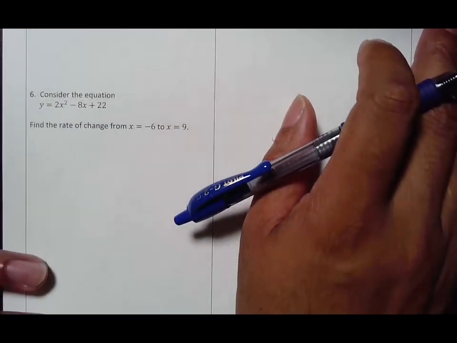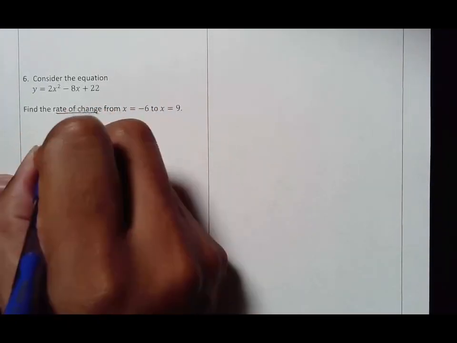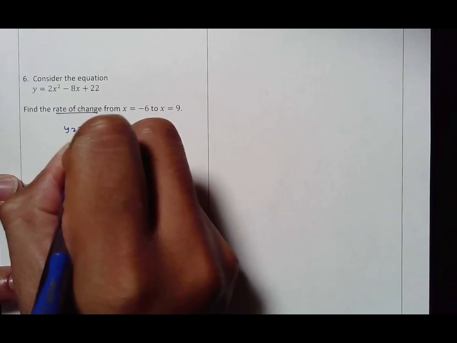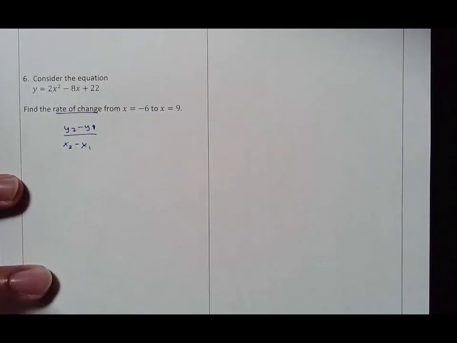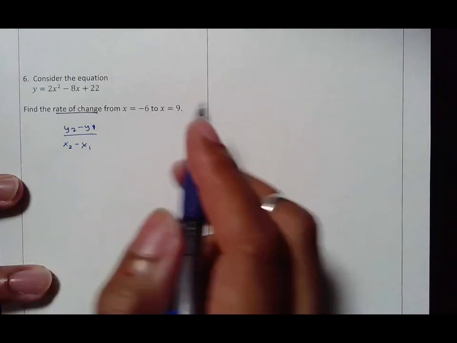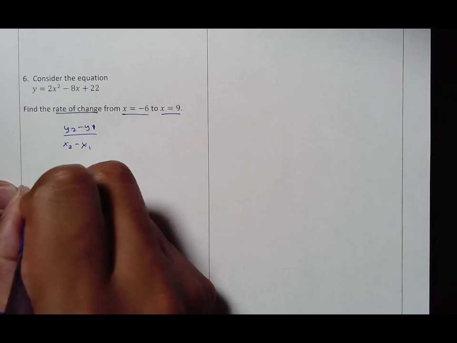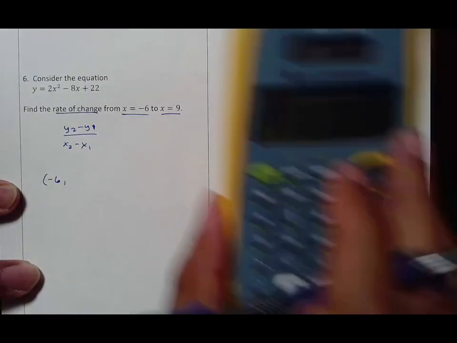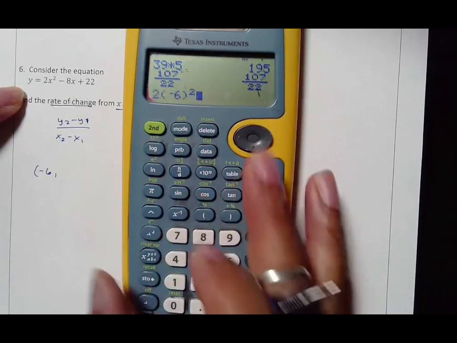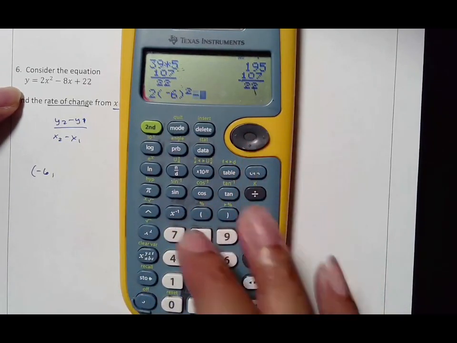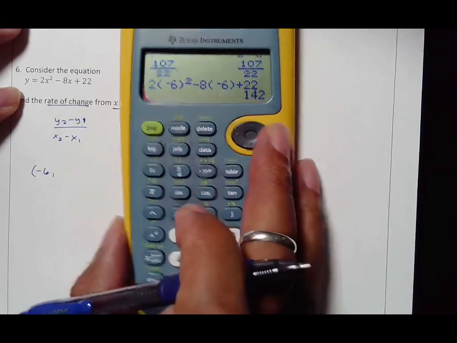Number 6 is the one that was set up to where they want the rate of change. And again, rate of change means they want y2 minus y1 over x2 minus x1. The problem is there are no y's in this. They only give you 2 x's, so that means you need to use these 2 x's to find 2 y's. And so what you will do is take your negative 6 and plug it into this formula. So 2 times negative 6 squared minus 8 times negative 6 plus 22 equals 142.